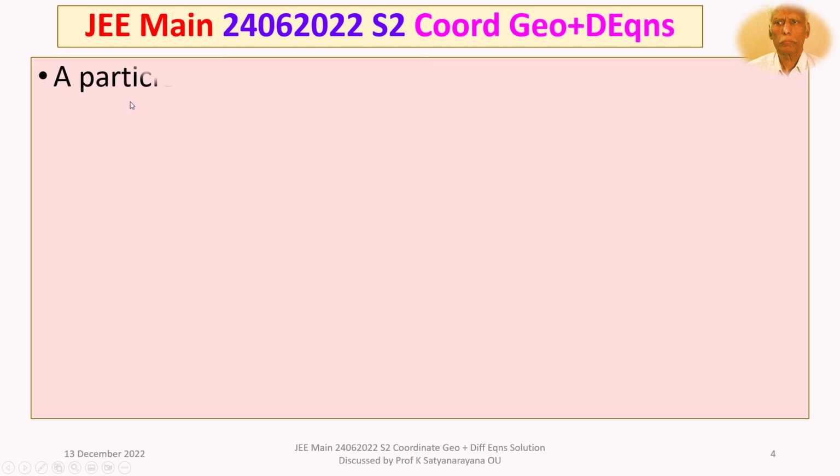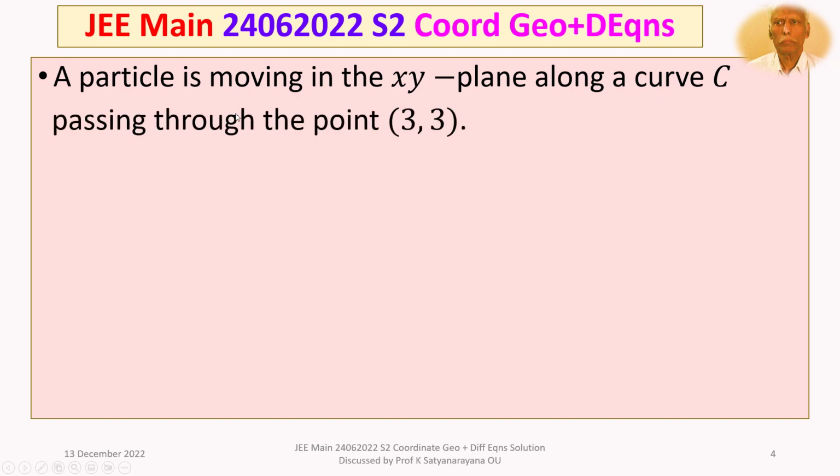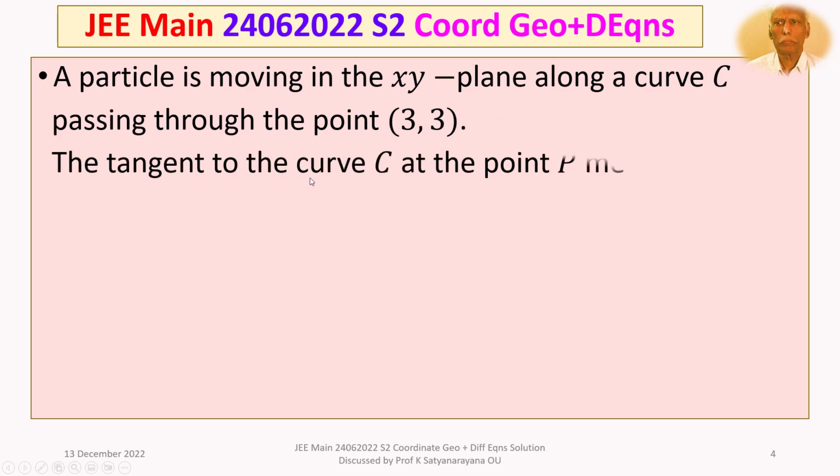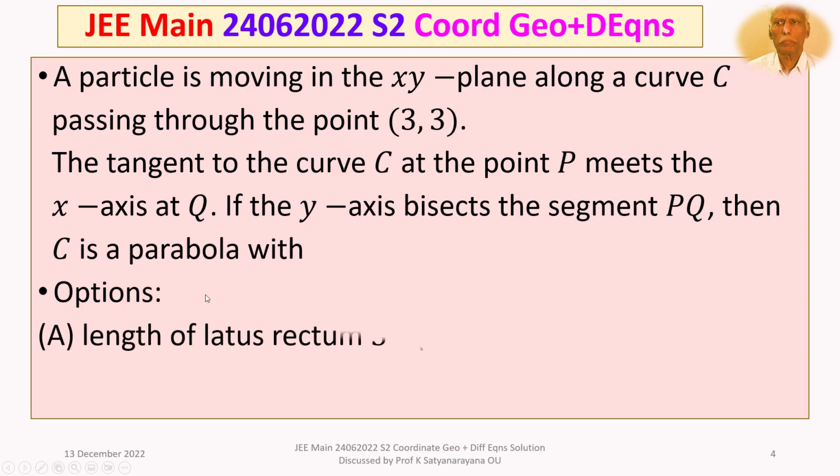The problem is: a particle is moving in the xy plane along a curve C passing through the point (3, 3). The tangent to the curve C at the point P meets the x-axis at Q. If the y-axis bisects the segment PQ, then C is a parabola with four options given to us.